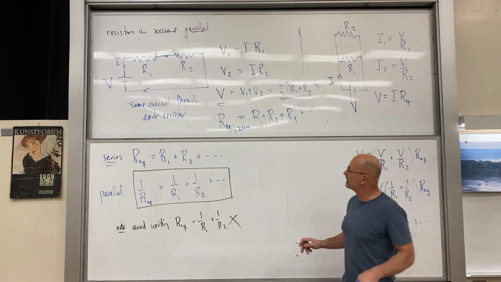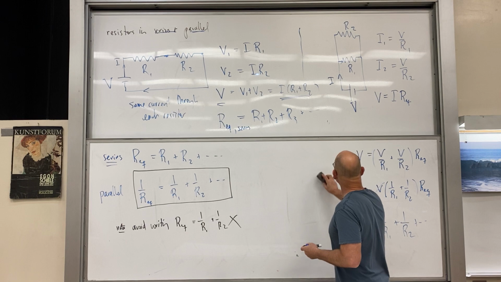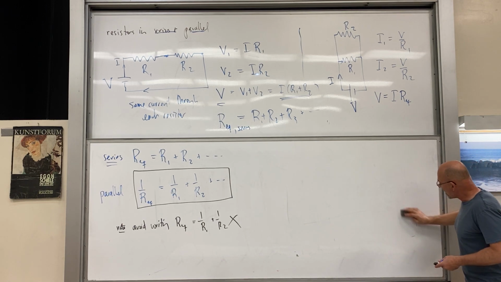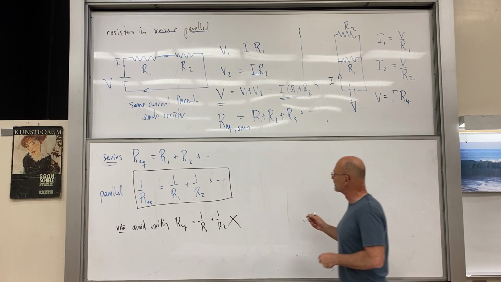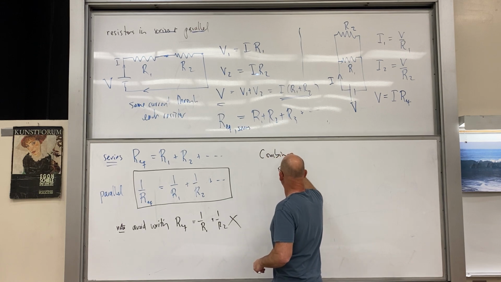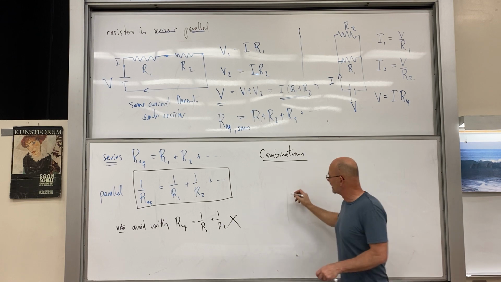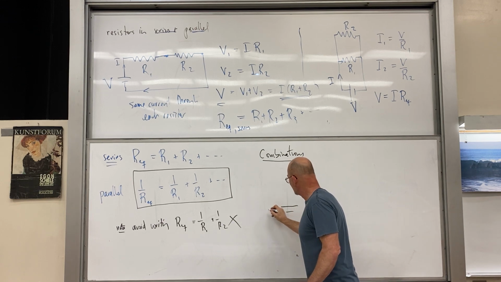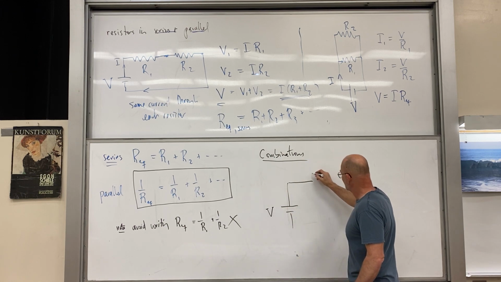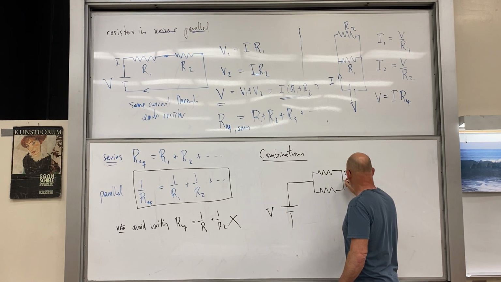And you can use these to do more complicated circuits. Go ahead and leave that up. Erase this. So you can then do some combinations of resistors. So combinations would look something like, you've got, maybe you split them up like this.